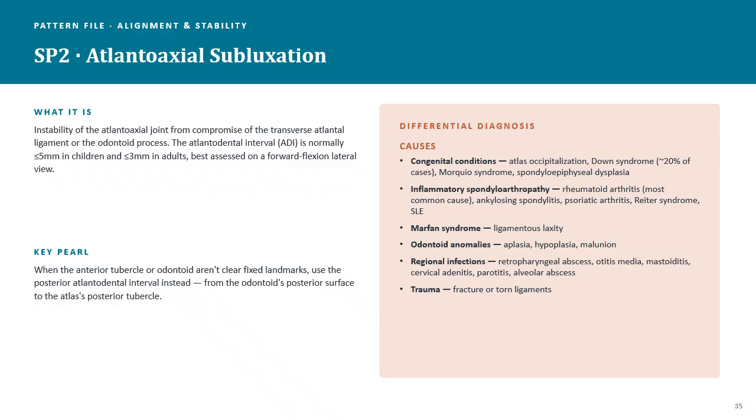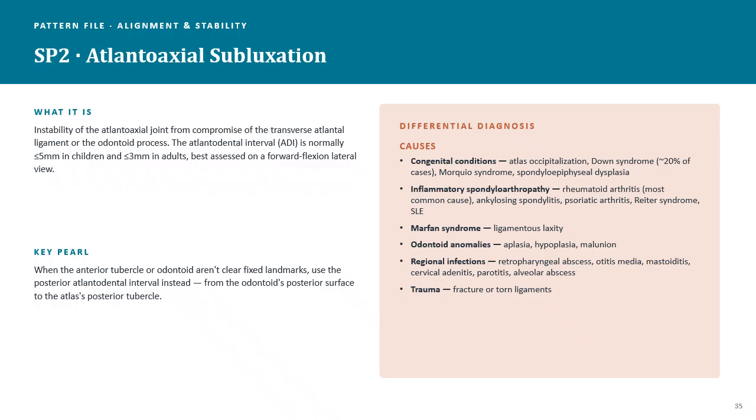Those patients might be born with the condition and their head might be unstable. If we have adults that have rheumatoid arthritis, that's another reason that might cause some of this instability, due to the chronic inflammation that can weaken the ligament that supports that joint. Trauma can also cause this to happen. It can happen if we have a fracture or some sort of torn ligament there.